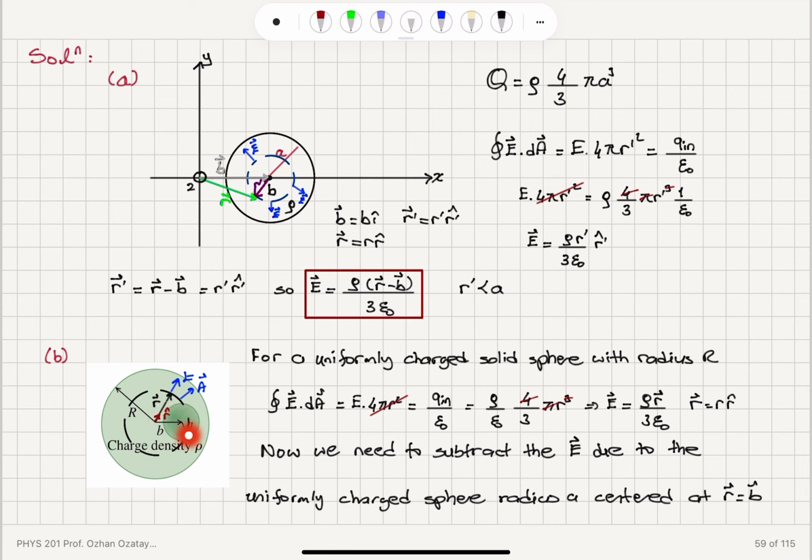So instead of treating this part of the space as a uniformly charged solid sphere with charge density plus rho, we can consider it to be with charge density minus rho. It has negative charge, so that the total electric field will add up and give us the end result, with the solid sphere and the subtracted portion equivalently having a negative charge.